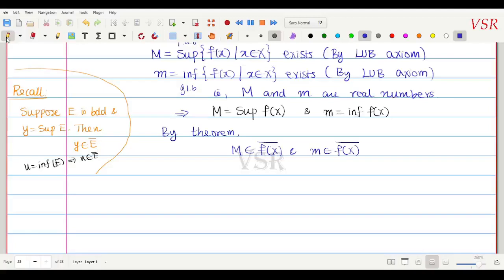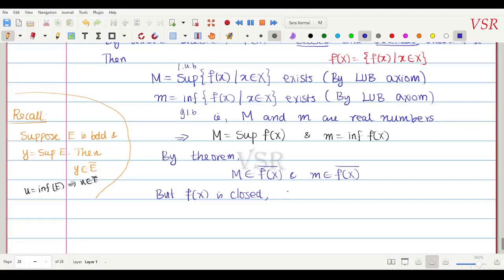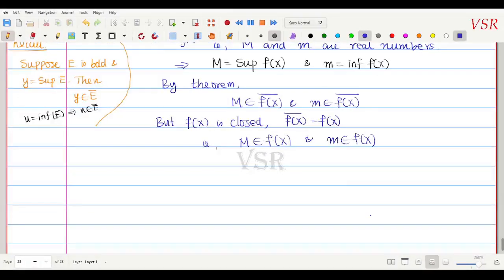But f of capital X is closed. Correct? Since f of capital X is closed, we have f of capital X closure equal to f of capital X. So capital M belongs to f of capital X and small m belongs to f of capital X.